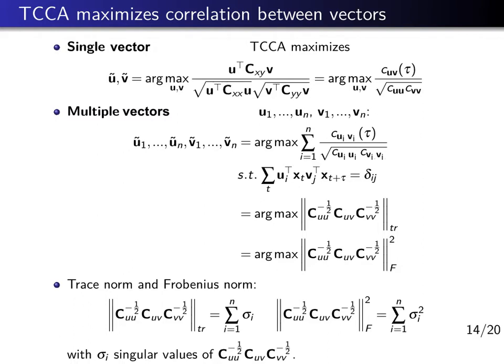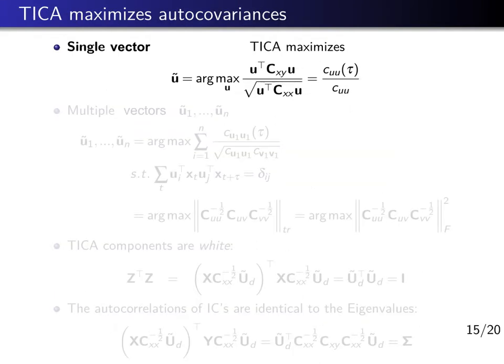Now, before dwelling further on this result, we will look at the special case of TCCA named TICA. So this is again just TCCA with time reversibility, or with detailed balance. So if the dynamics are symmetric in time, that means the covariance matrices are symmetric.